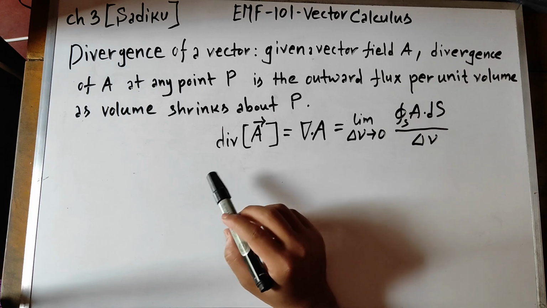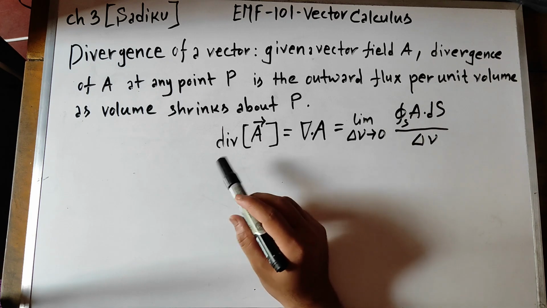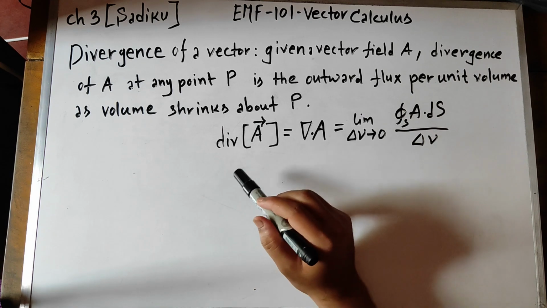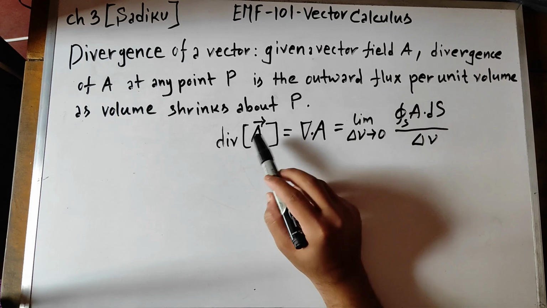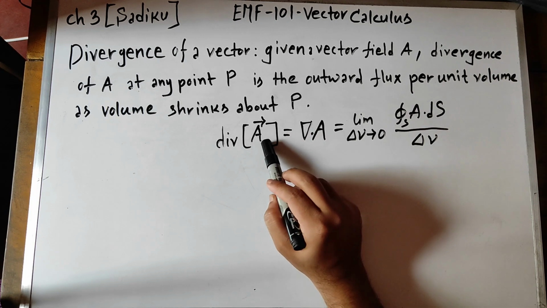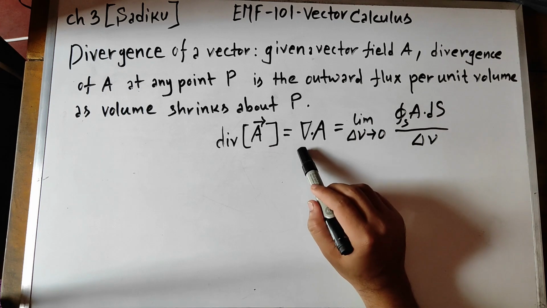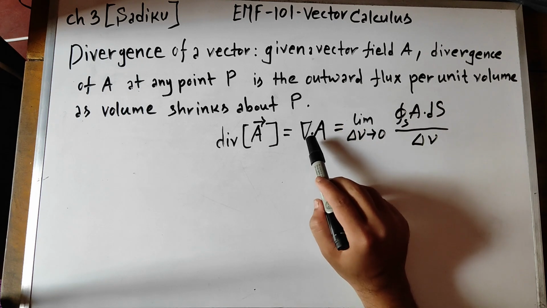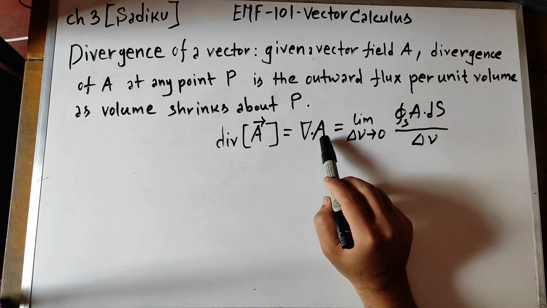Divergence is expressed in mathematical terms as div A, the divergence of the vector A, which is the del operator acting on the vector.